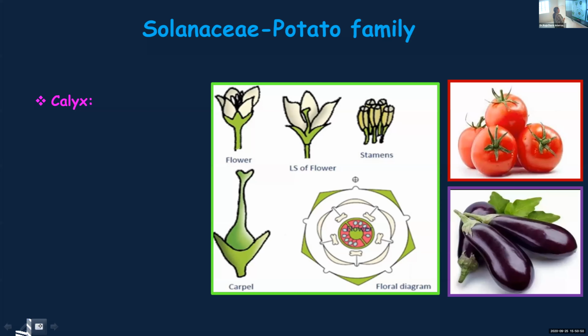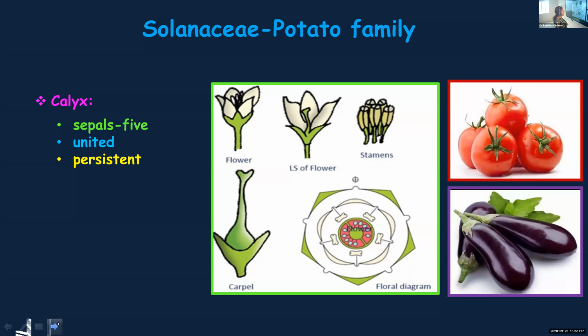Then coming to calyx: 5 sepals. Sepals are 5 in number, united. I've given some pictures there. These sepals are united and persistent, like in brinjal and tomato. Can you explain axillary inflorescence? I will tell you.